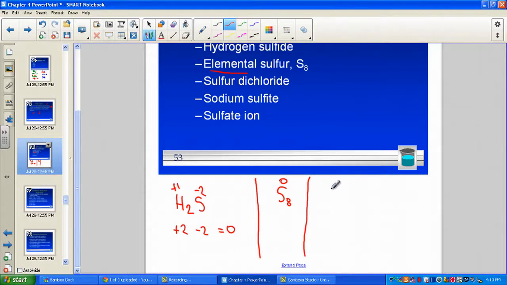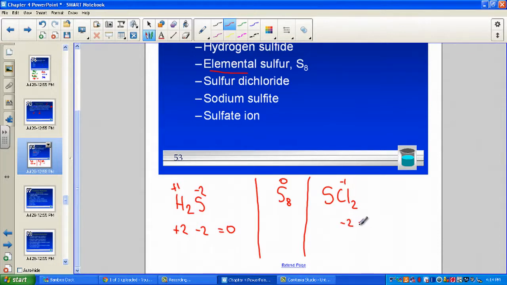Sulfur dichloride. Hear those prefixes? This is a molecular compound, isn't it? Knowing that sulfur dichloride is molecular, let's begin with chloride. Knowing where it lives on the periodic table tells us it's a -1 charge.